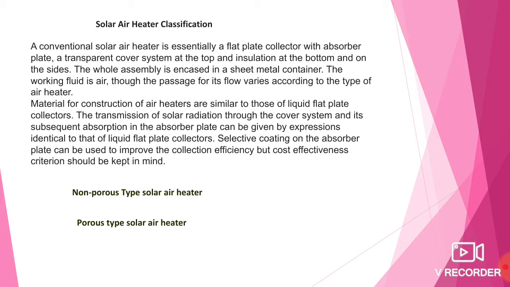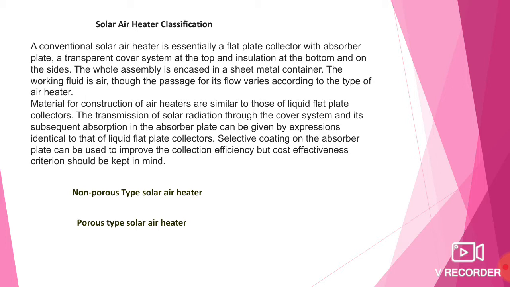Then in the most common design, the air flows behind the absorbing surface. Air flow above the upper surface increases the convection losses from the cover plate, and therefore is not recommended if the air inlet temperature rises at the collector are large.